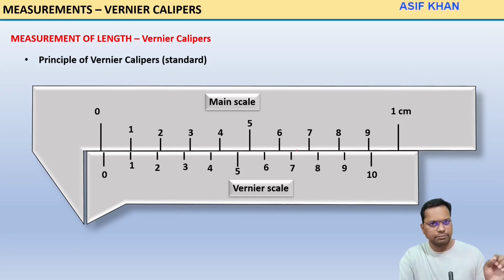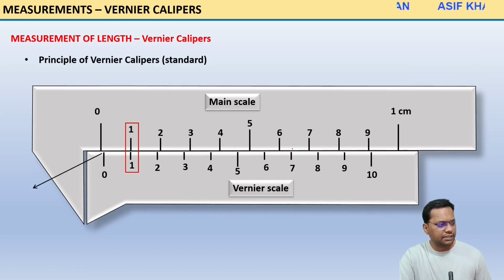Therefore, this is the least measurement that can be taken by using Vernier calipers. So this is the least count of the Vernier calipers. And this gap between the two jaws is equal to the difference between one main scale division and one Vernier scale division. Here the first divisions are coinciding and the gap created is 0.1 mm.